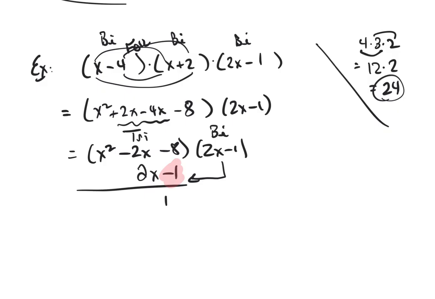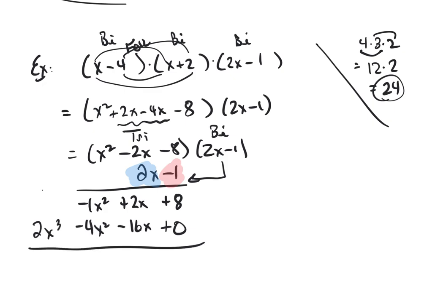So negative 1 times negative 8, negative 1 times negative 2x, negative 1 times x squared. Then we add a 0, and then multiply everything through by 2x. 2x times negative 8, 2x times negative 2x, 2x times x squared.